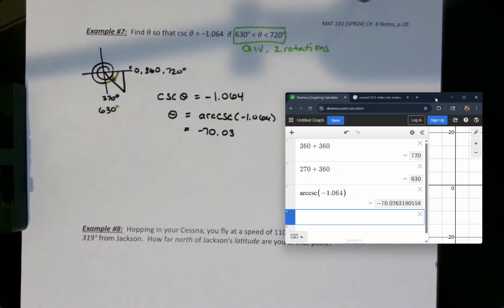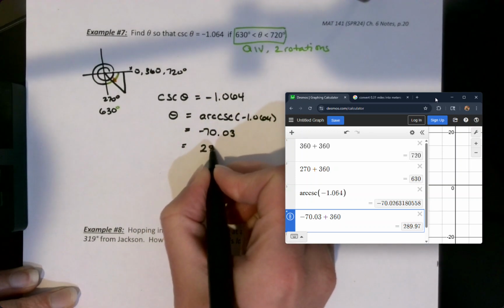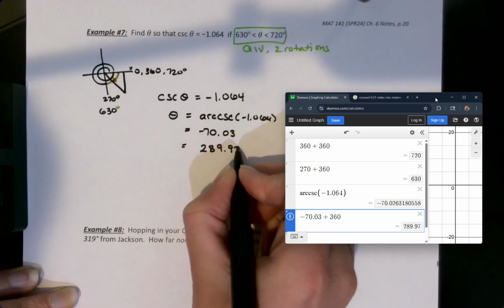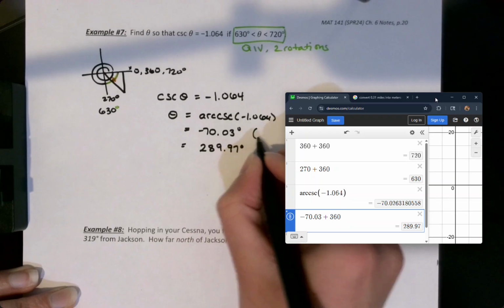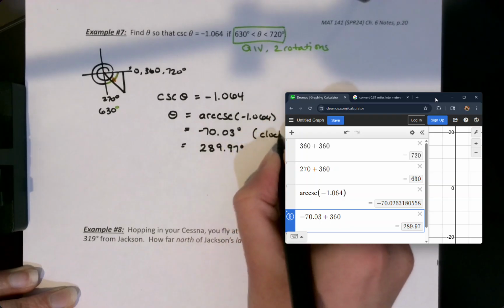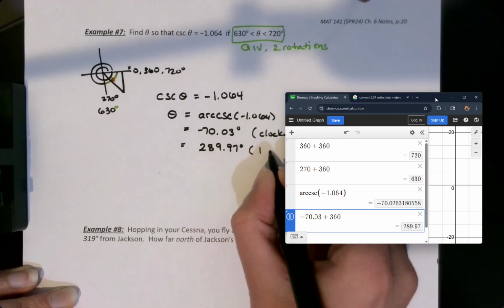So to get the angle that's measured forwards, I'm going to take negative 70.03 plus 1 rotation of 360, which would be 289.97 degrees. So this would be the clockwise, and this would be 1 positive rotation.